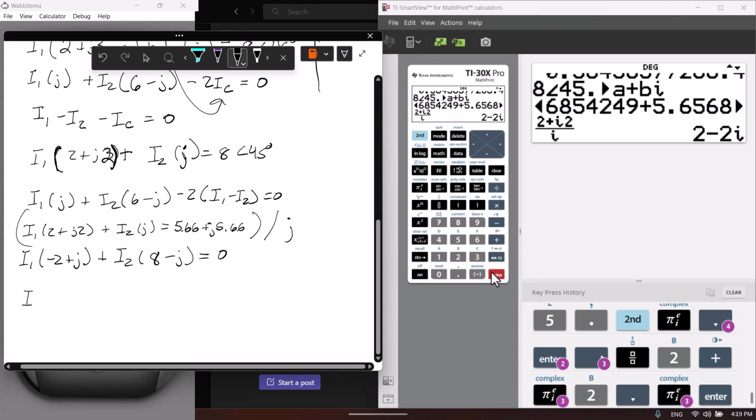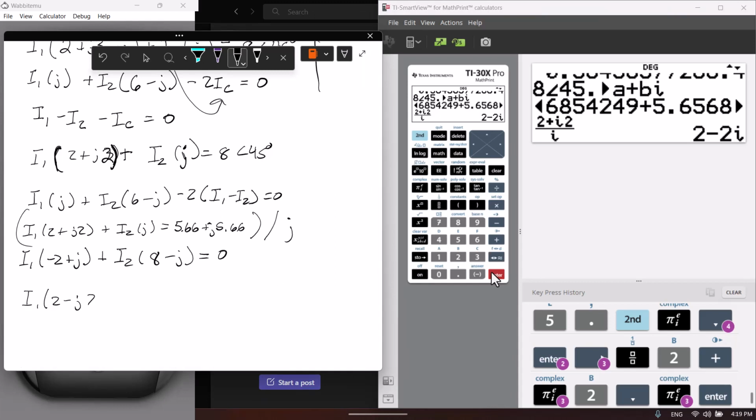So that's I1 times 2 minus J2 plus I2 equals, and when you divide that by J, that's the same as multiplying by negative J. It switches them around. So what I will get on this side, you'll see, is 5.66 minus J 5.66. You can't tell that I'm switching them around because they're the same number.